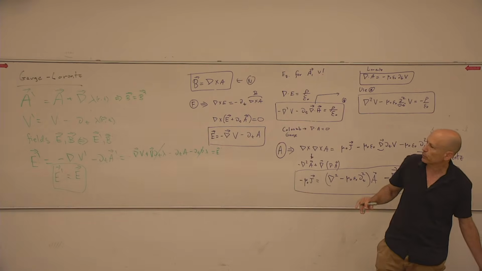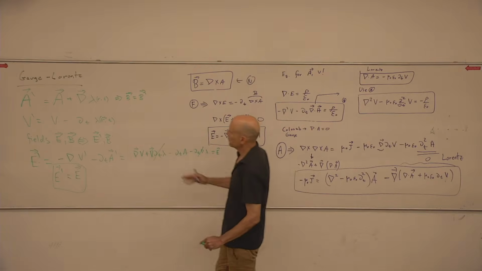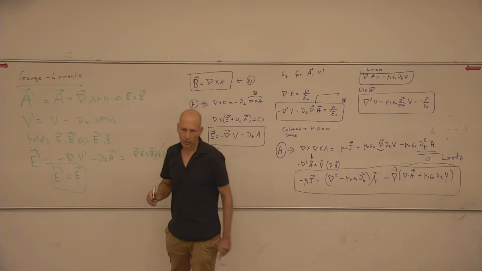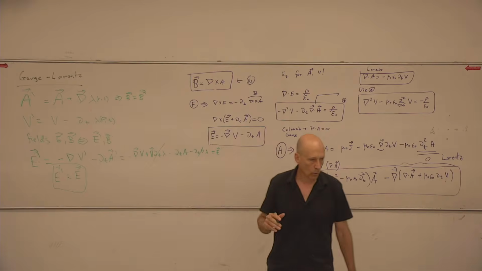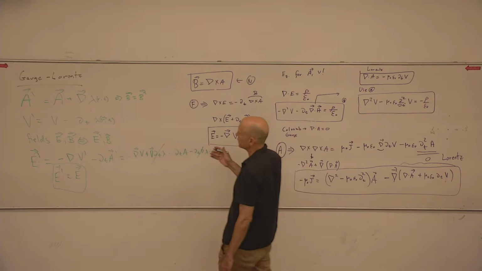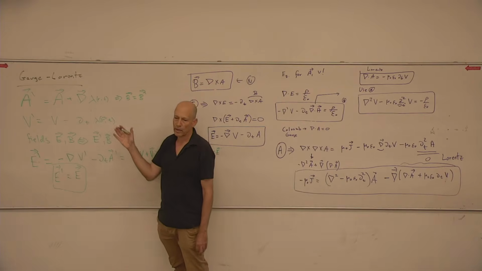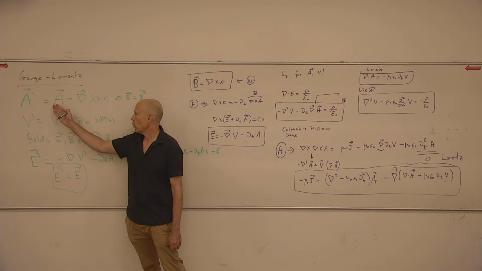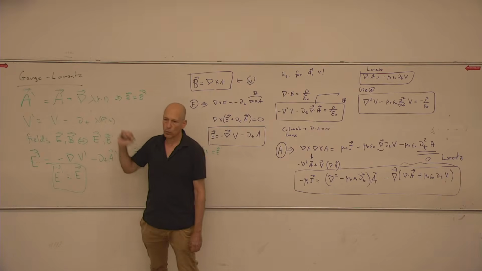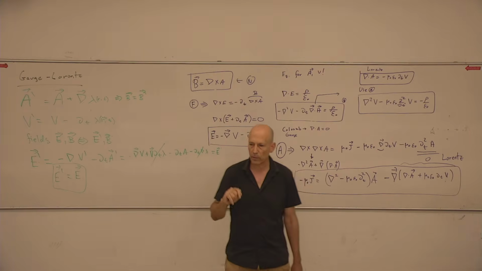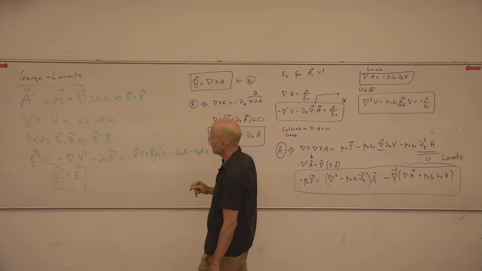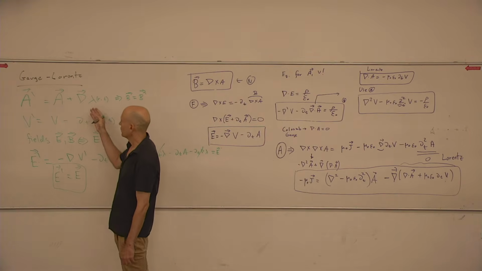Now you can ask a different question. What is lambda? So what do you need to do? Let's just say that we know A and we know V. Now we want to find the lambda that satisfies the correct equation.